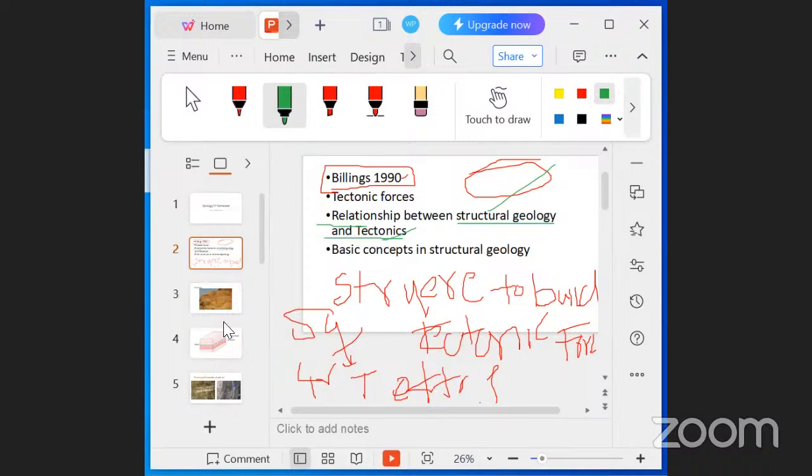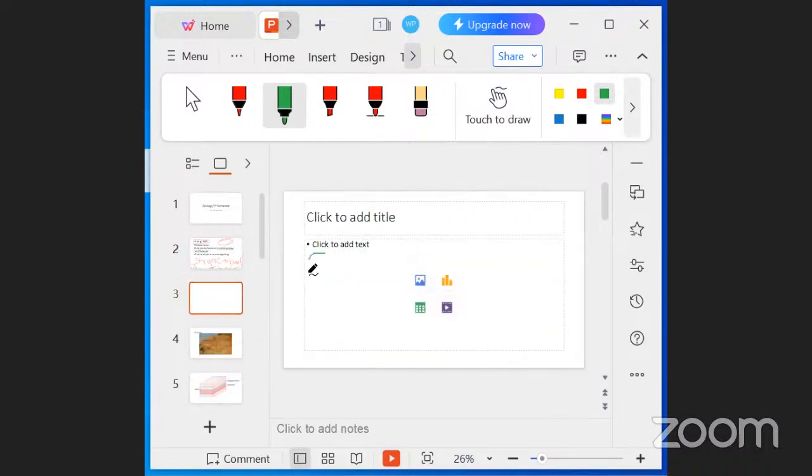Tectonics is quite closely connected to the underlying processes that cause geologic structures, that is, to form them.